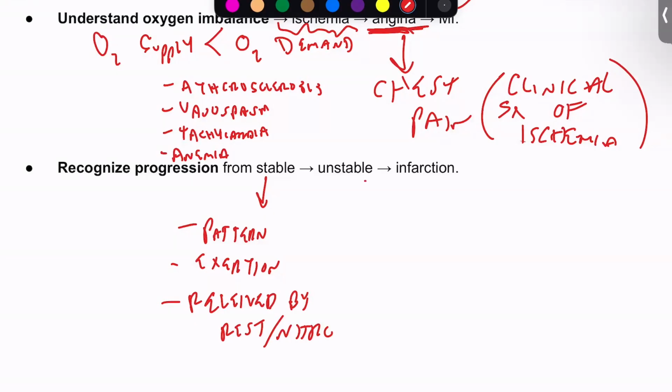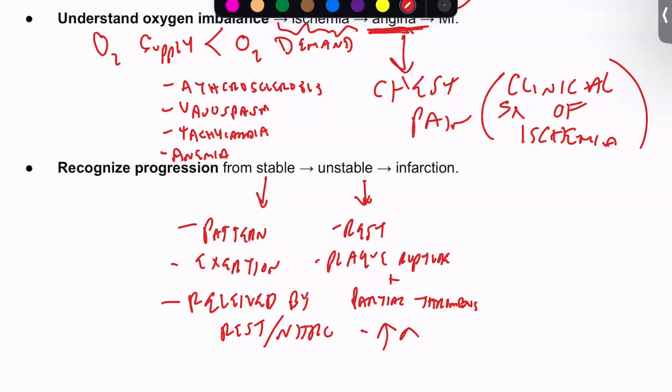Unstable angina is going to occur at rest, but it's caused by maybe a plaque rupture, or maybe like a partial thrombus that finds its way there. And there's usually a high risk of imminent MI. So a high risk of myocardial infarction.